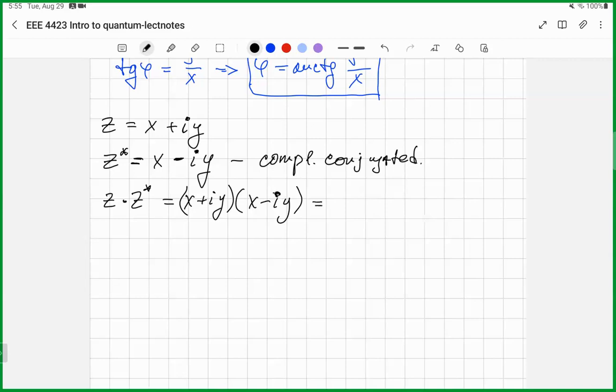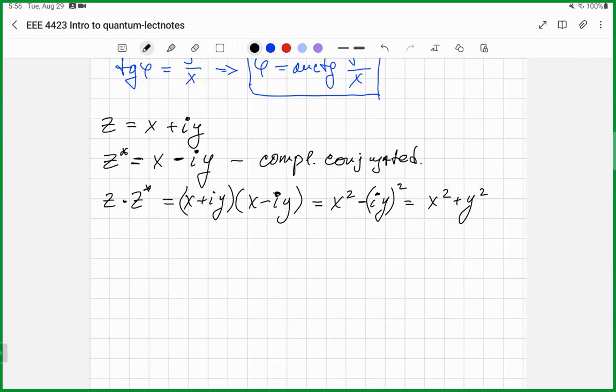And it's equal to the square of the first one minus the square of the second one, right? So it's equal to x squared plus y squared, because the square of i gives you -1, and this minus with -1 gives you plus. So yeah, you get x squared plus y squared.